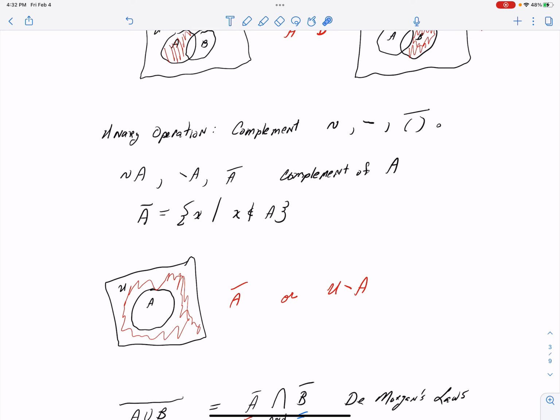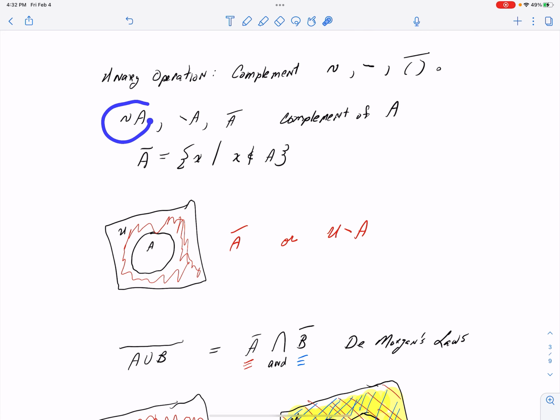Now, in addition to binary operations, I have a unary operation, and it's called complement. And it's denoted, depending on what book you pick up, by a little twiddle or a slash, or your book uses a bar above a set.